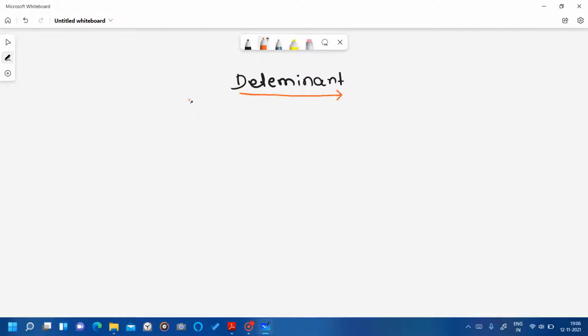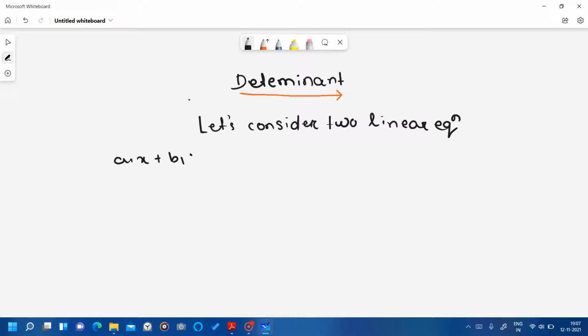Let's consider two linear equations. a1x plus b1y plus c1 equal to 0 is equation 1, and a2x plus b2y plus c2 is equal to 0 is equation 2.